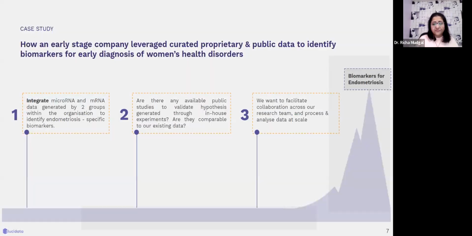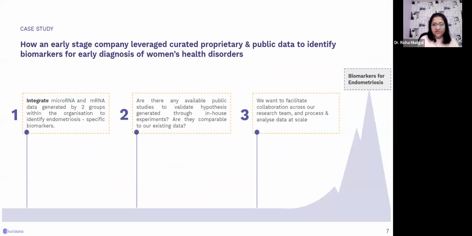So what I would like to do now, in the next few minutes, is walk you through a real-life scenario of a customer who came to us. It was an early stage company, and they wanted to leverage the information within their proprietary data set, as well as data sets available in public sources, to identify biomarkers for women's health disorders.